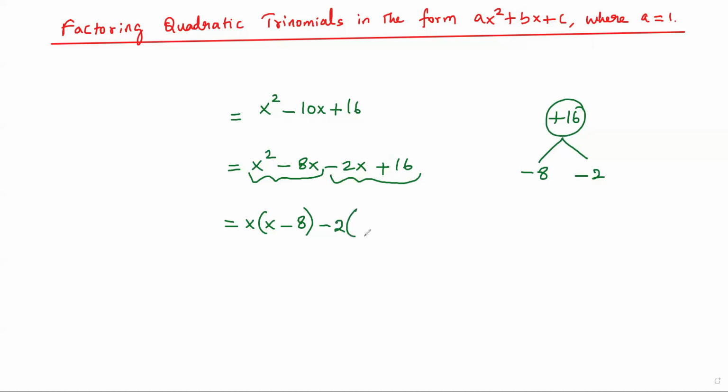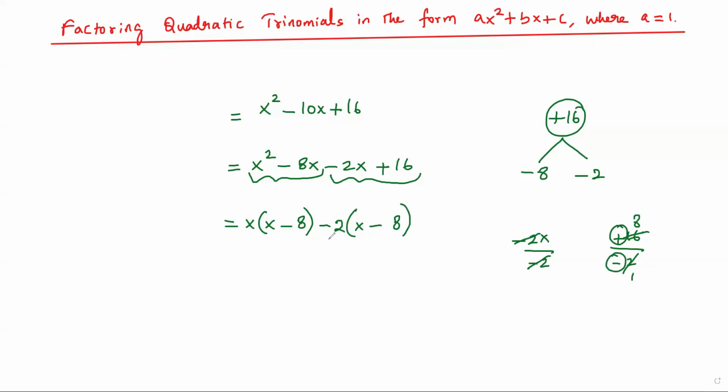Okay, now to get the stuff inside the parentheses, I have to divide this negative 2x by this negative 2. When I divide this negative 2x by negative 2, the negative 2 will cancel. I just get x. Now, I have to divide this positive 16 by this negative 2. So 2 goes into 2, 1 time, 2 goes into 16, 8 times. So positive divided by negative will become negative 8.